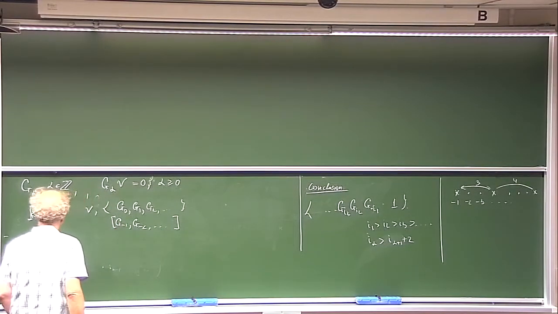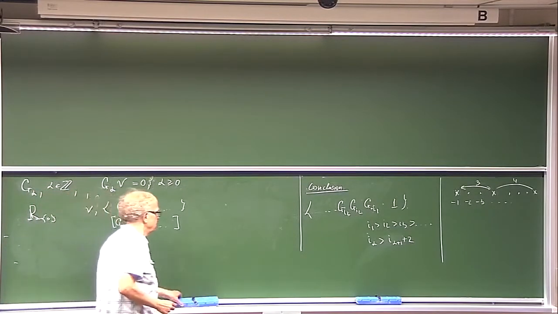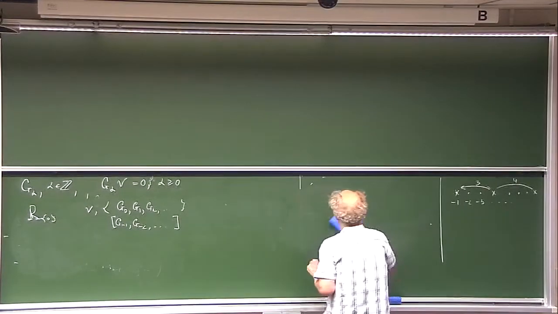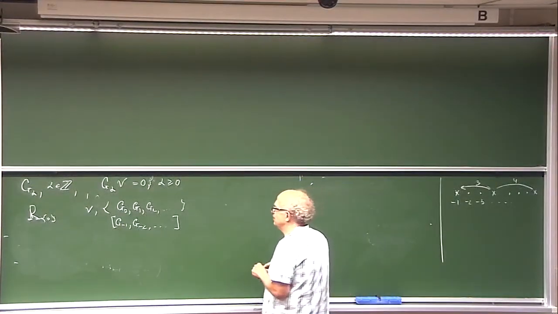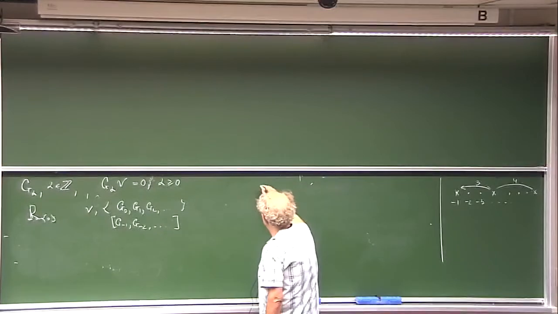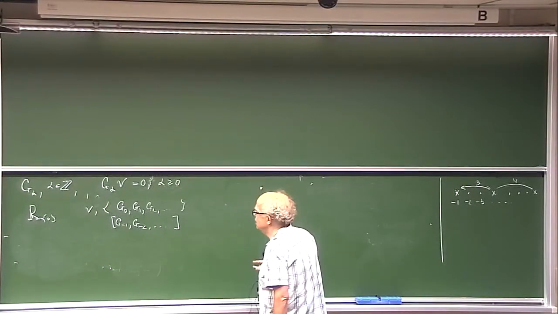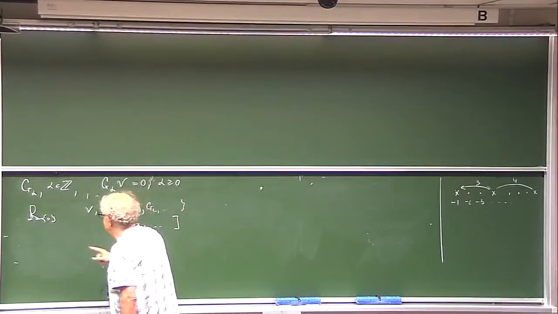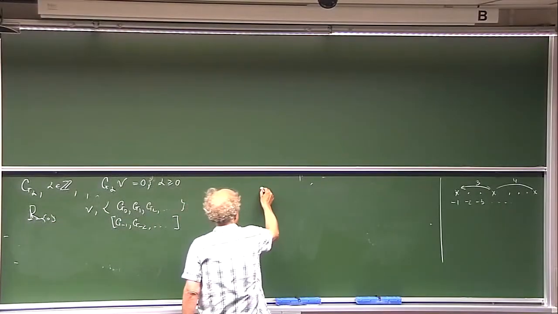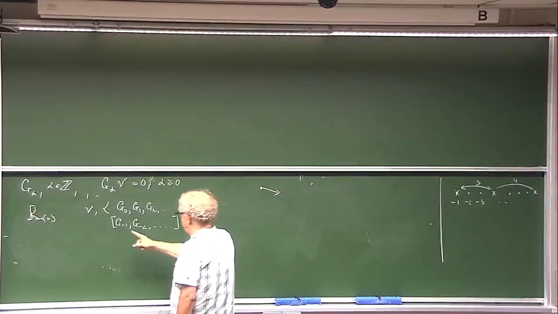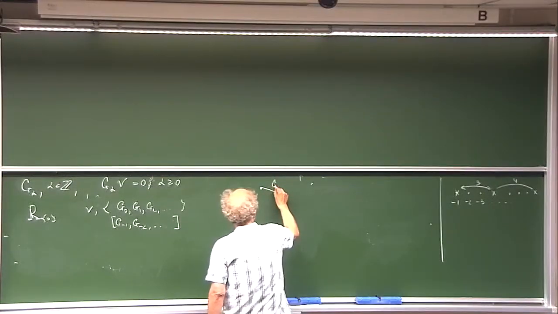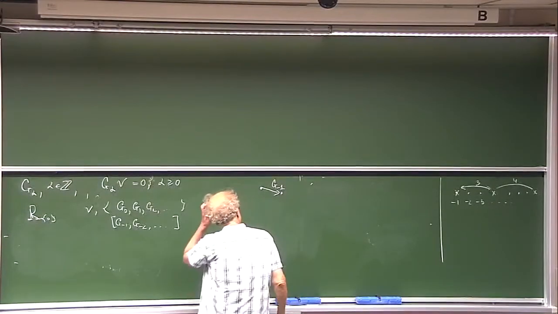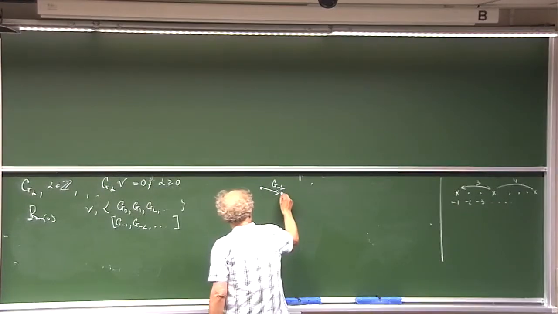Let us look at this representation. In this representation, I have one highest weight vector, and the first non-trivial thing which acts here, I can act by the first component. This is G minus 1. And so it gives me this vector.